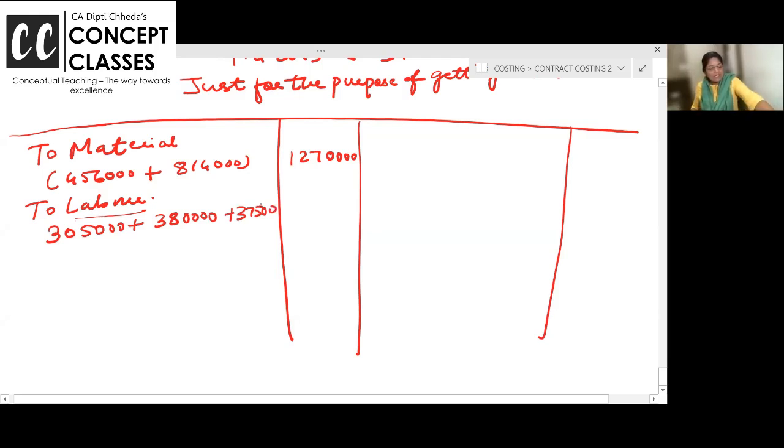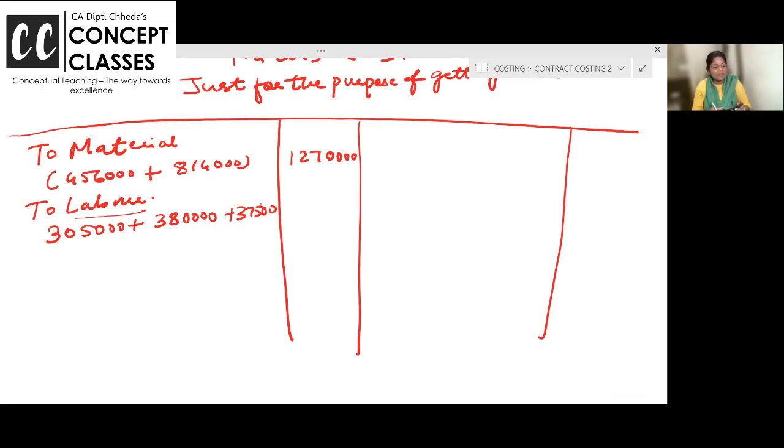That's it. You don't have to take first outstanding, because in between outstanding closing will be next year opening. तो वो फिर plus minus ही होगा. 3,05,000 plus 3,80,000 minus 37,500.